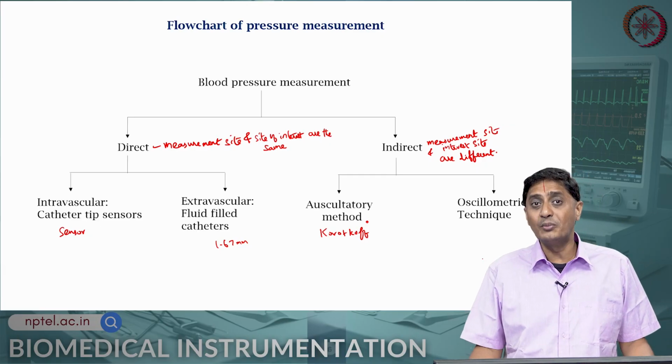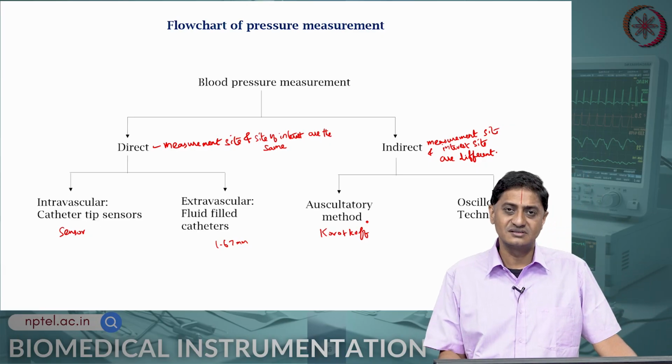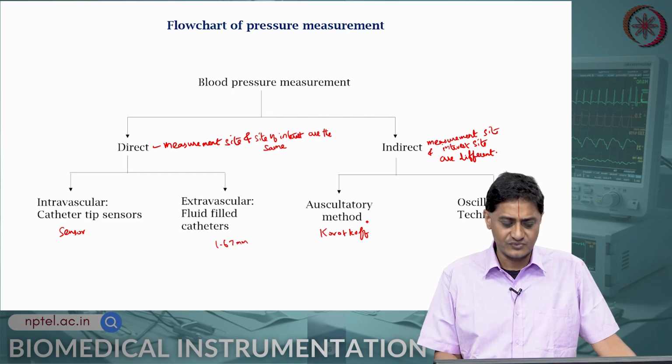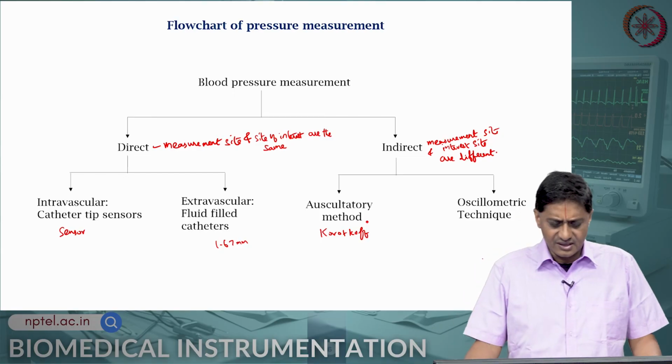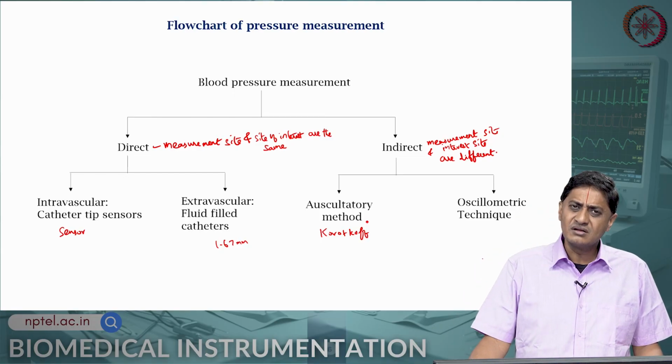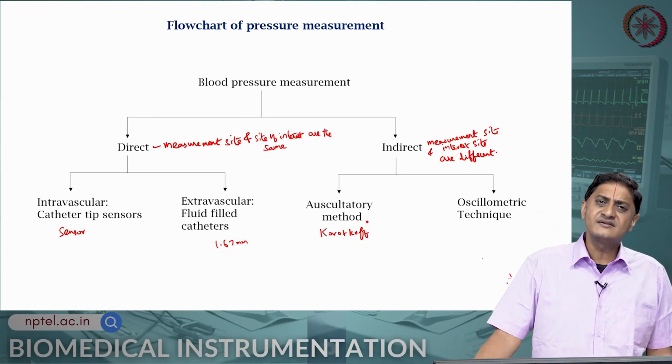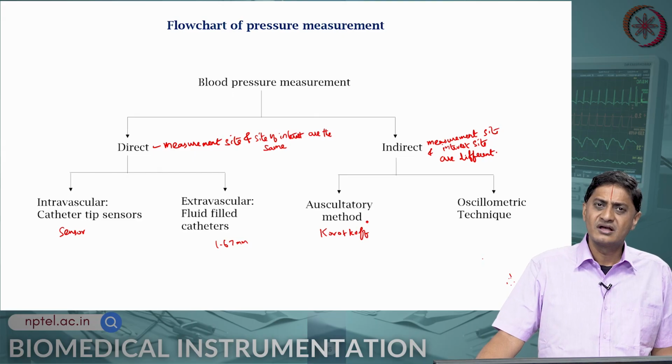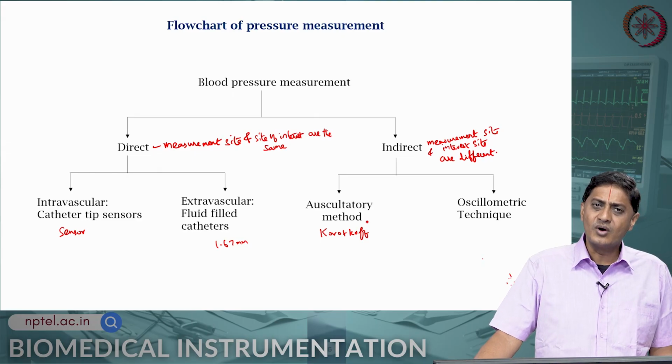And the oscillometric technique is another method that is used to measure pressure indirectly. Now, which one would you use and when? That is essentially a question of what your interest is.